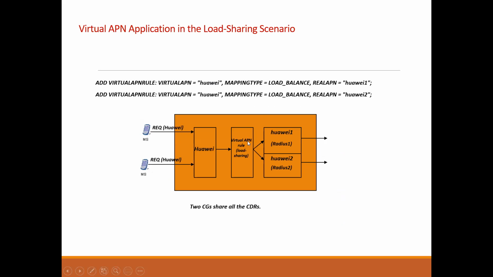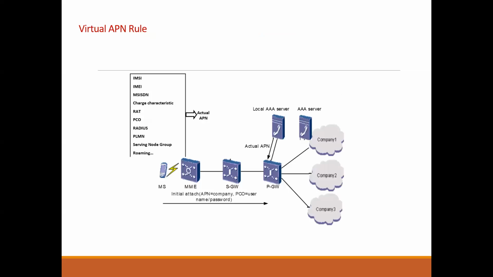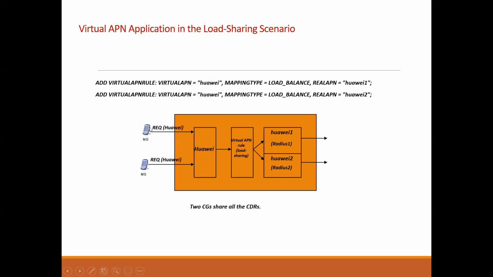So one user is going to be assigned Huawei 1, the other one is going to map to Huawei 2. Your mapping type can change. It can be based on your IMSI segment, your IMEI segment, MSISDN segment. So based on this specific mapping type, a specific user is assigned a real APN.